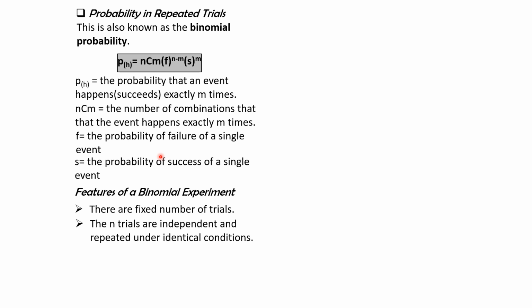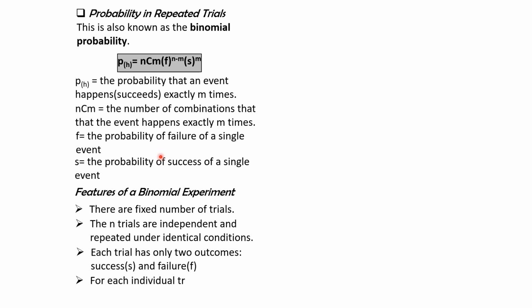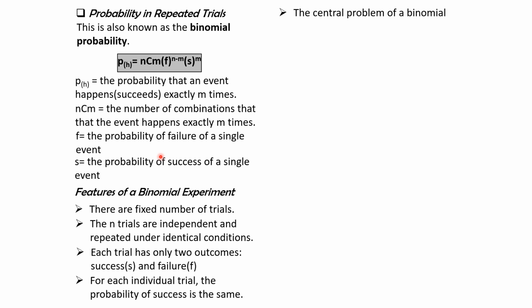The outcomes are successes, which represents S, and failures, which represents F. Then for each individual trial, the probability of success is the same as explained earlier. Then the central problem of a binomial experiment is to find the probability of X successes in N trials. Then we will have an example of that later.